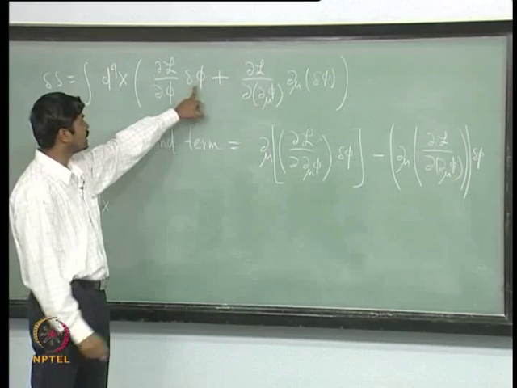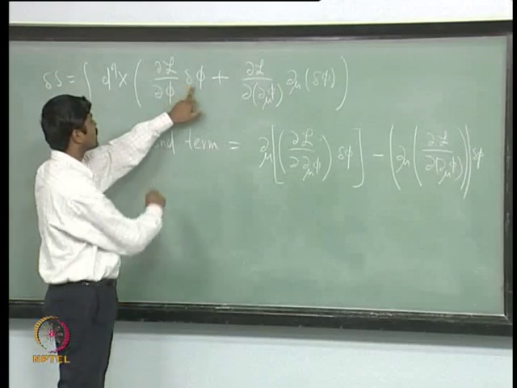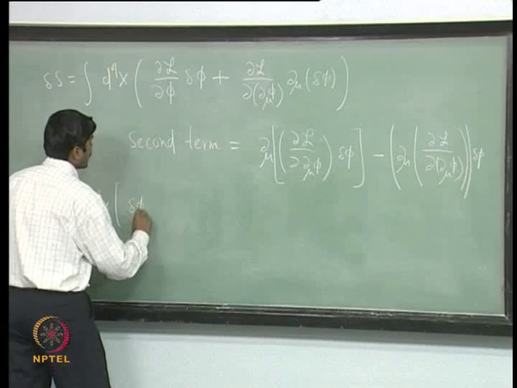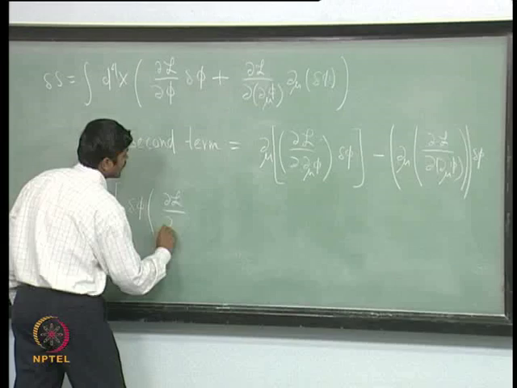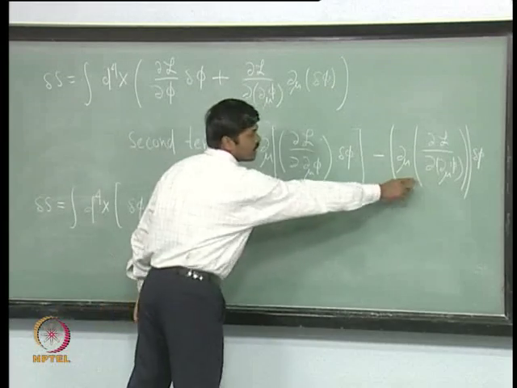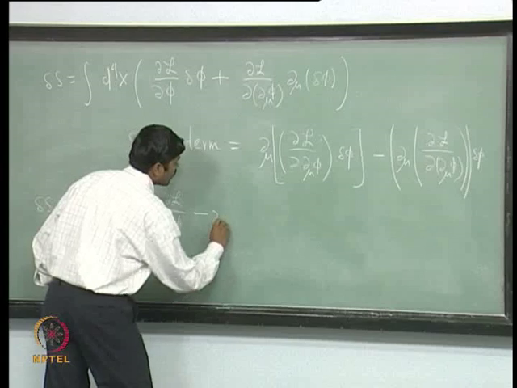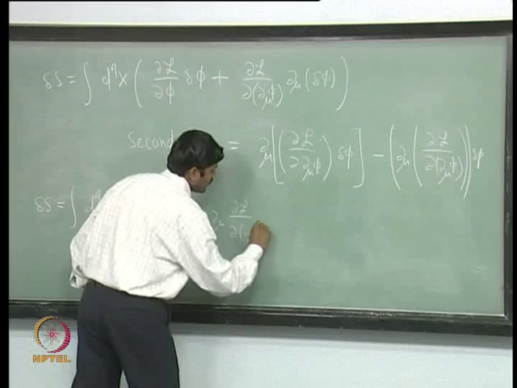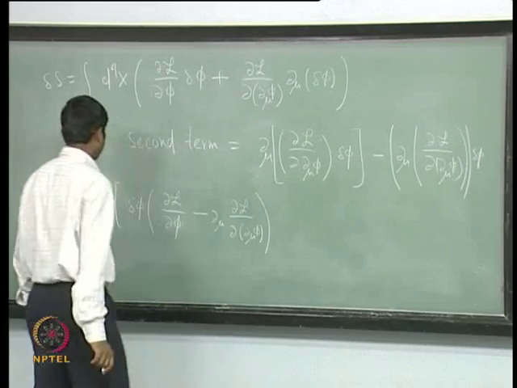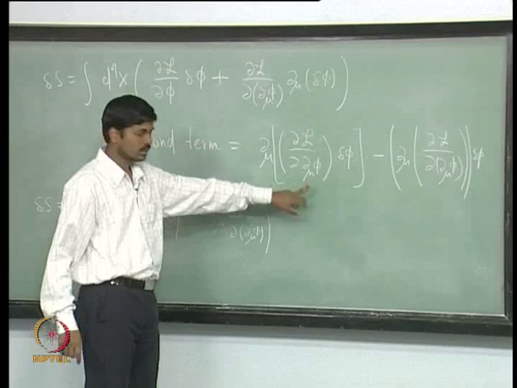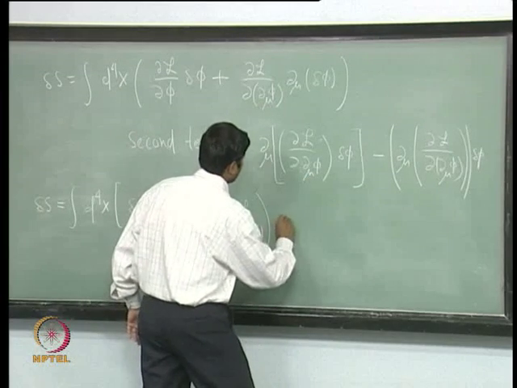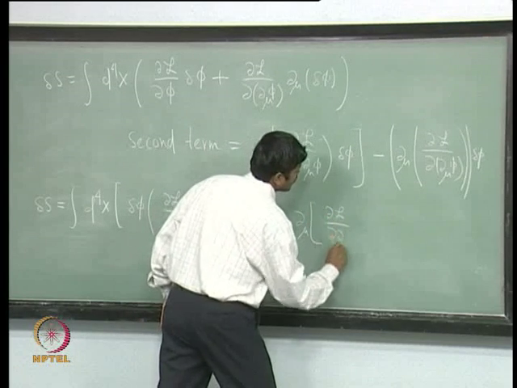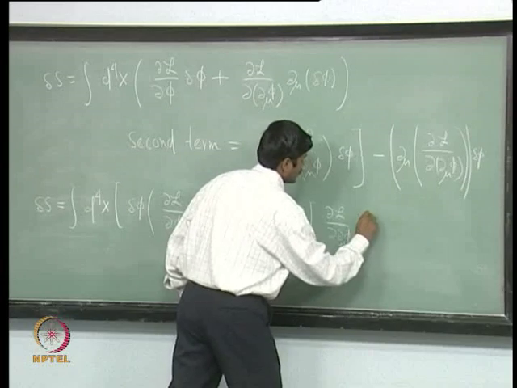I will collect the terms which come with a factor of delta phi together, and write it as delta phi times del L over del phi minus del mu of del L over del del mu phi, and then I have this term plus del mu of del L over del mu phi times delta phi.